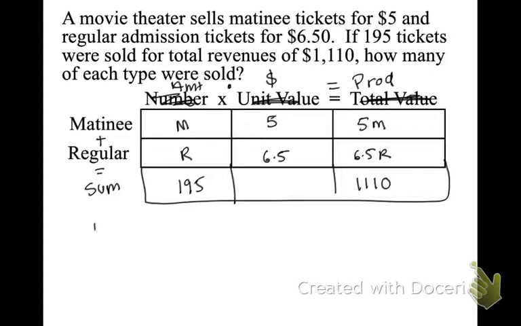So my equations are M plus R equals 195. And I also have 5M plus 6.5R equals 1110. I'm going to multiply this bottom one. I guess I don't have to. I just hate to deal with the decimals.